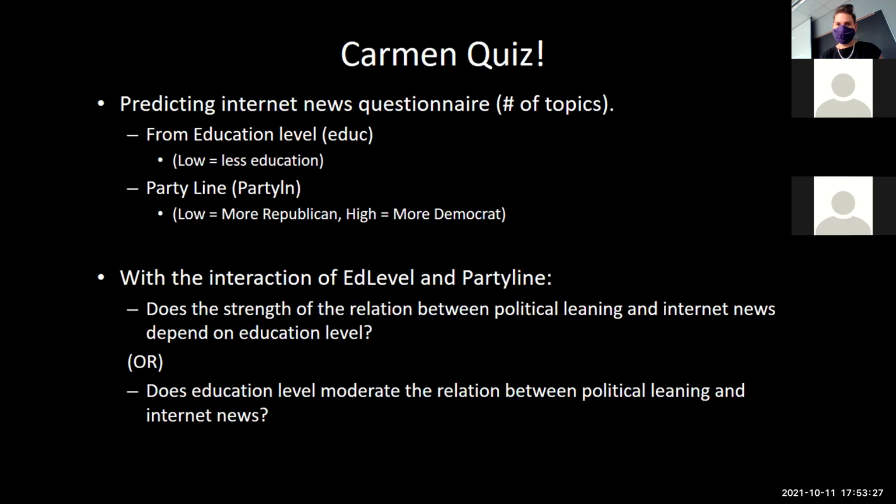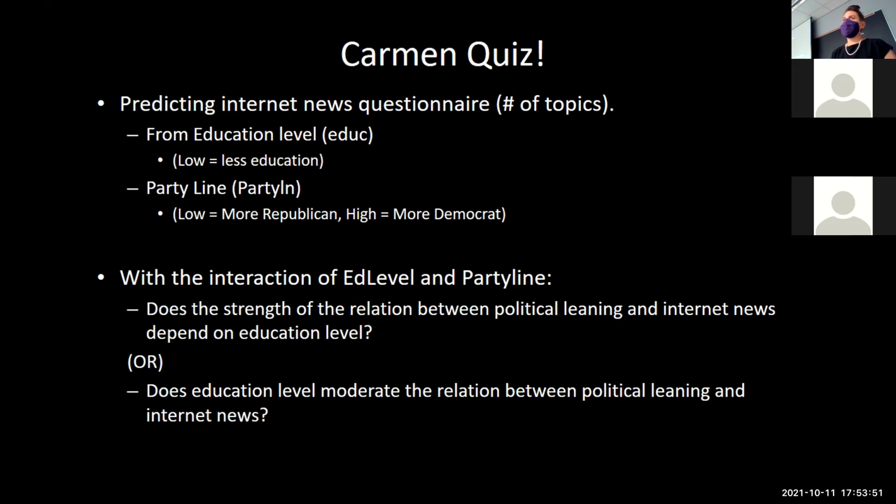Okay, can everyone see the screen where I explain the Carmen quiz? This is a questionnaire about getting the news on the internet. It's from the Pew Research Organization, and they measure the number of topics that people get internet news about.